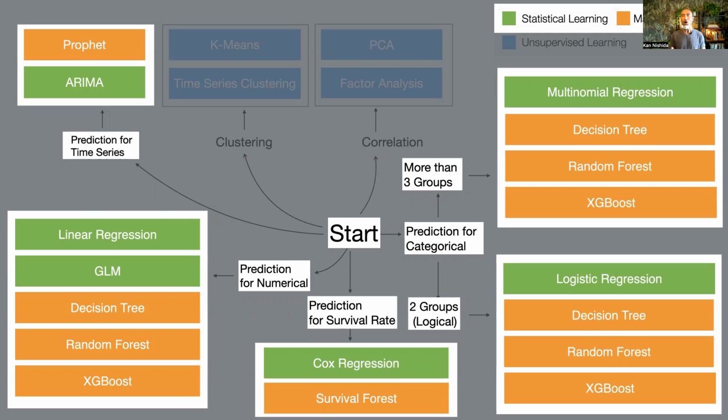These highlighted ones are something called supervised learning. The not highlighted, blurred ones with the blues are called unsupervised learning. Today is really about supervised learning, which basically means you have the answers in the data and you build the models, and then you want to predict for the data that doesn't have the answers. Depending on what type of thing you want to predict, you go to different models. So this map is kind of intimidating.